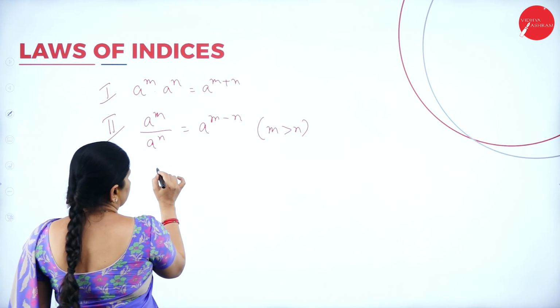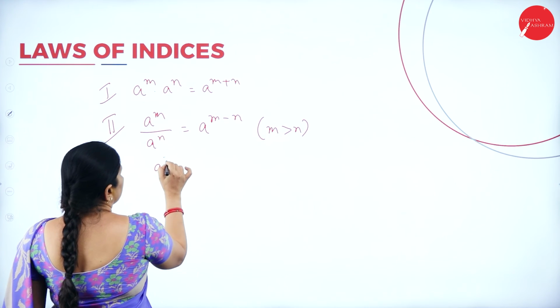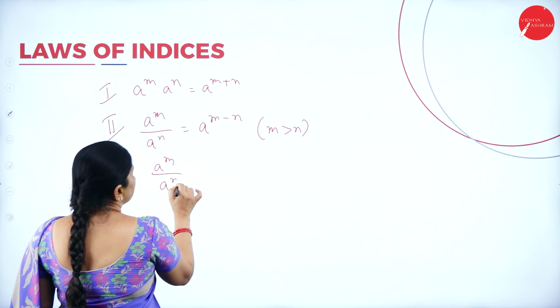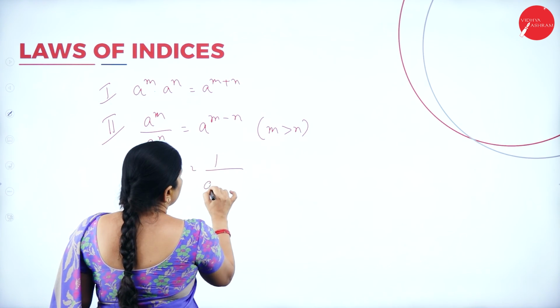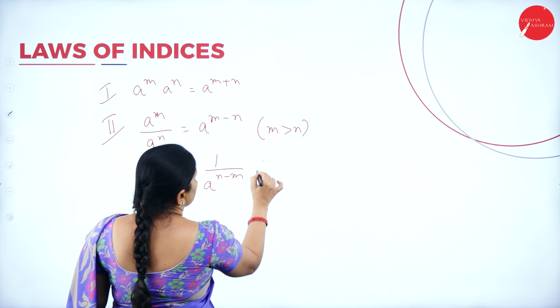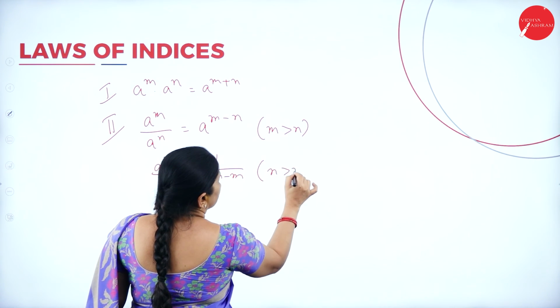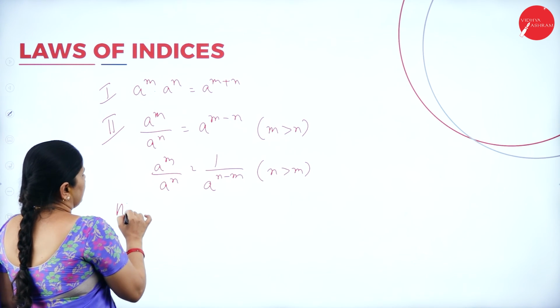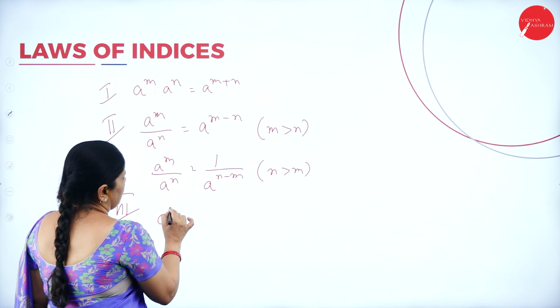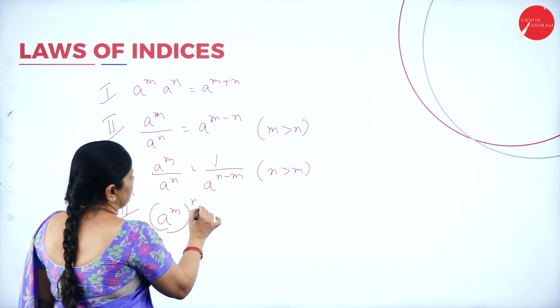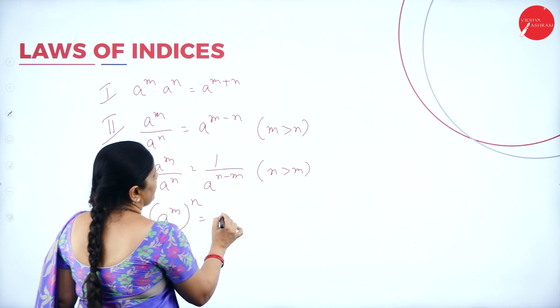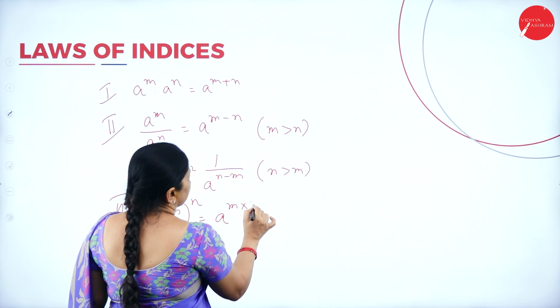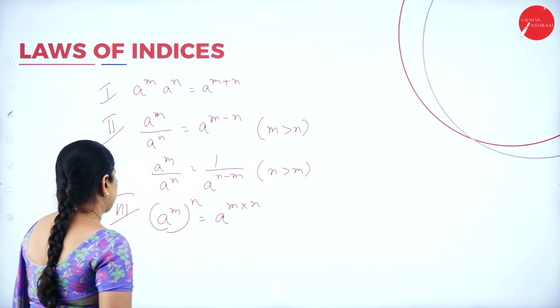Now, a to the power of m by a to the power of n equals 1 by a to the power of n minus m when n is greater than m. Then, in the third law, (a to the power of m) whole to the power of n equals a to the power of m into n.